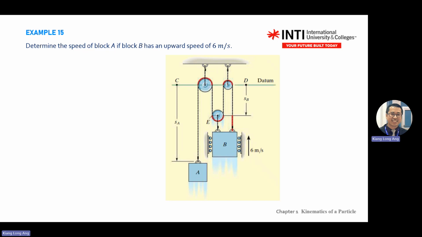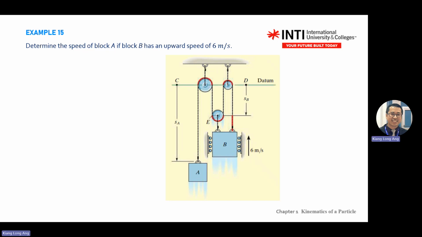The answer is positive for A, because the datum positive is down, and if you move B up, A will move down. So you agree with the datum, and when it agrees, it means it's positive. If at the end you get negative, then something is wrong in your calculation. You messed up the positive and negative.